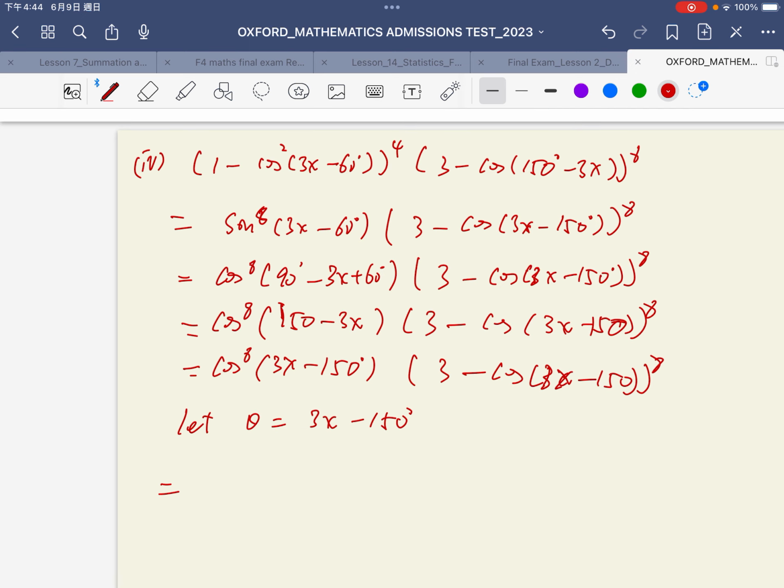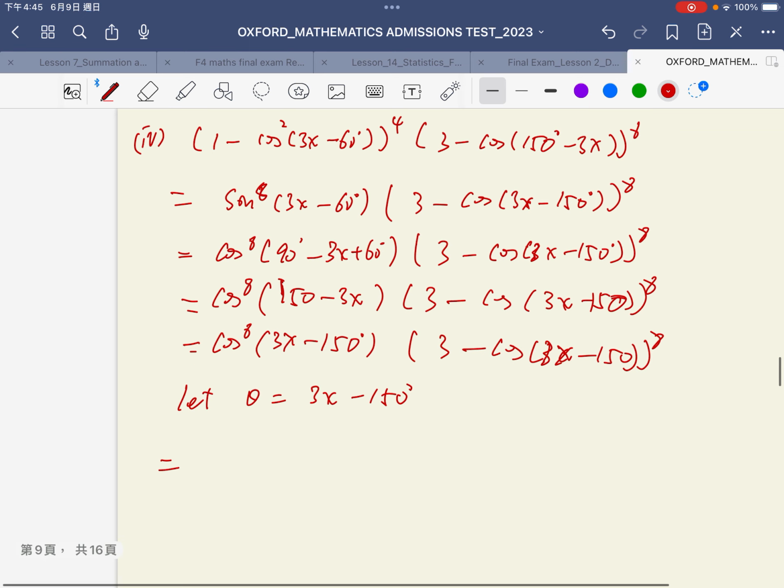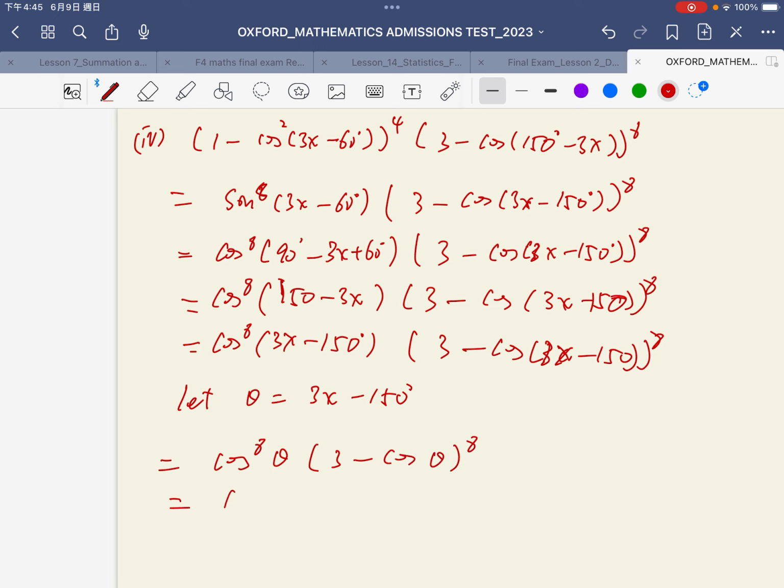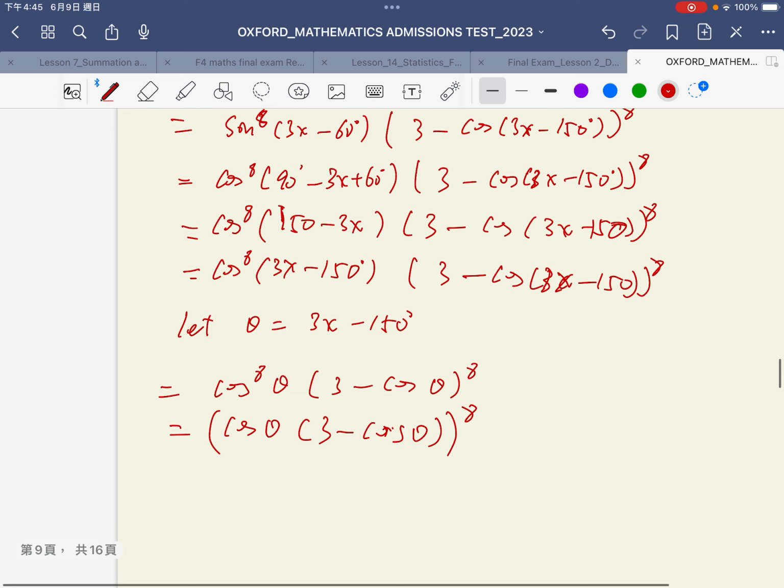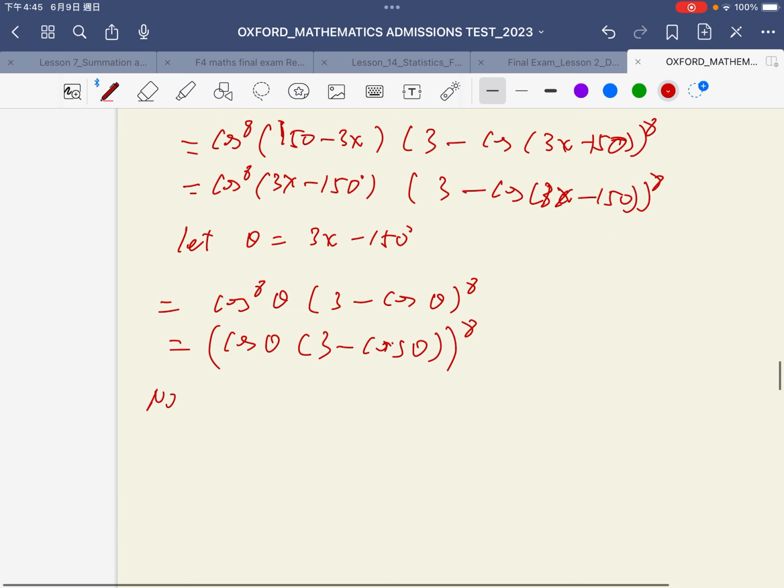Therefore, the expression can be written as cosine to the power 8 of theta times (3 minus cosine theta) to the power 8. Taking out the power of 8, now consider cosine theta times (3 minus cosine theta).